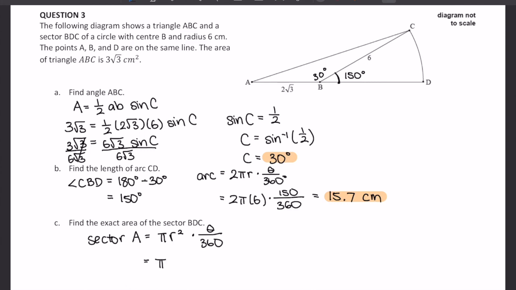So in this case, it's pi times 6 squared times 150 again over 360. And when we do that, we get 47.1 centimeters squared. And that's question 3.